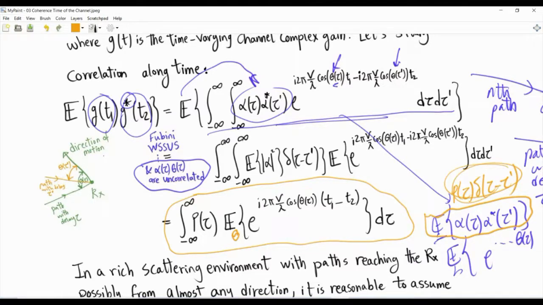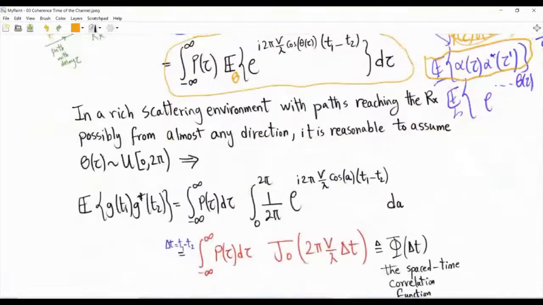But this relies on the abundance of scatterers in the environment. Under this assumption, the rich scattering environment, which is valid in a dense urban environment, for example, you can assume that theta is uniform from 0 to 2 pi. Okay, so this is our assumption.